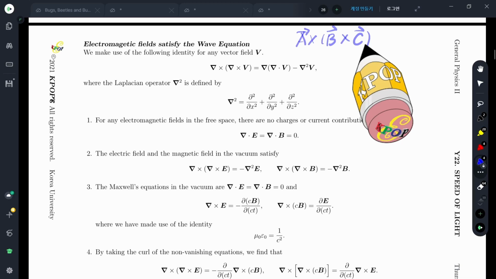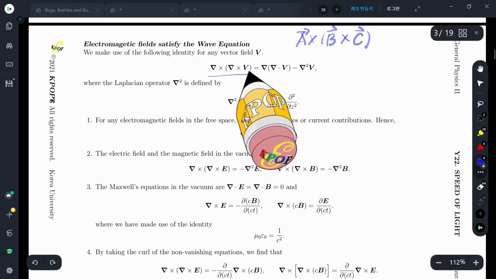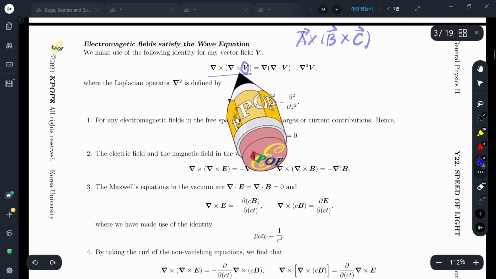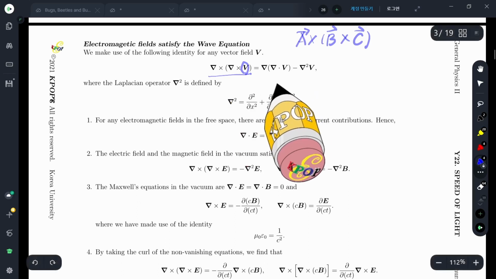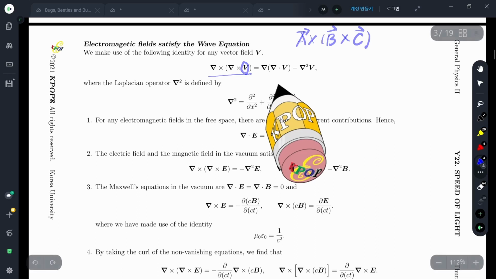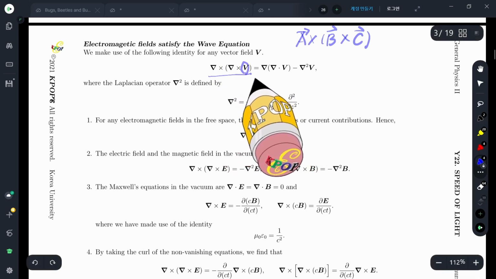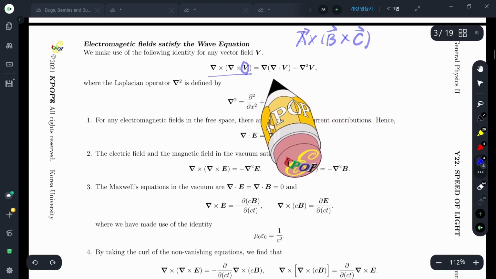And we make use of this rule to find the curl of any vector field. We'll find how this equation can be solved. This expression can be simplified on the right hand side.